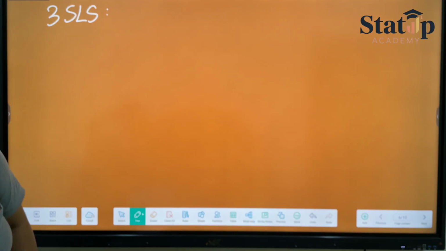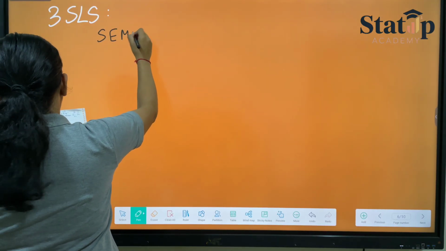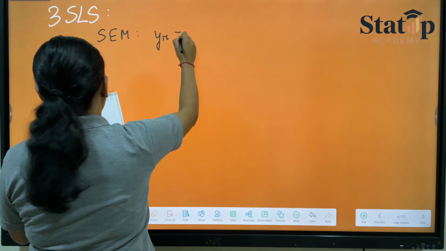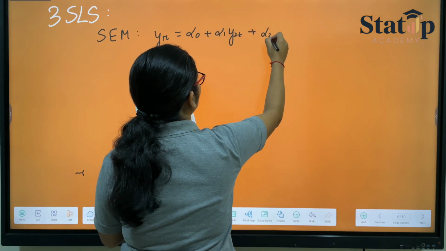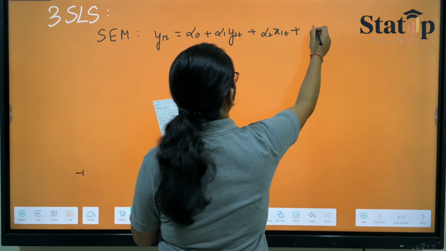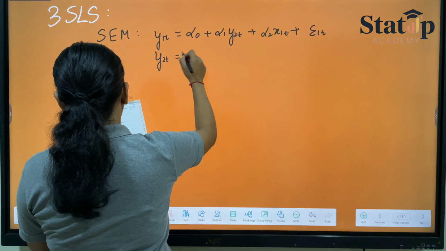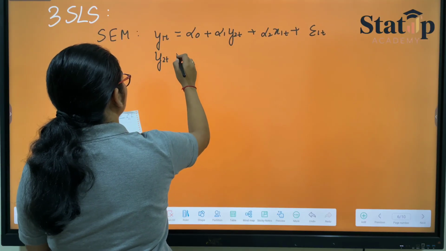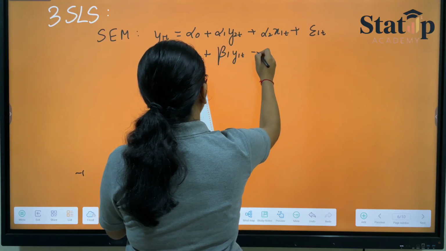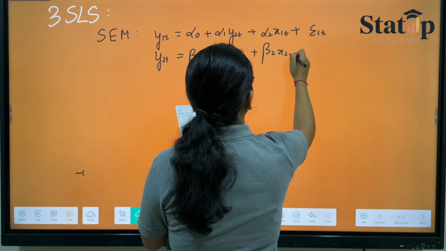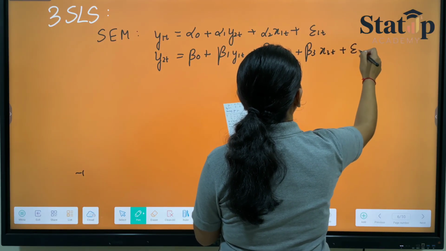In this method, let us take an example where the SEM, simultaneous equation model, is given by y1t equals alpha naught plus alpha 1 y2t plus alpha 2 x1t plus epsilon 1t. y2t equals beta naught plus beta 1 y1t plus beta 2 x2t plus beta 3 x3t plus epsilon 2t.